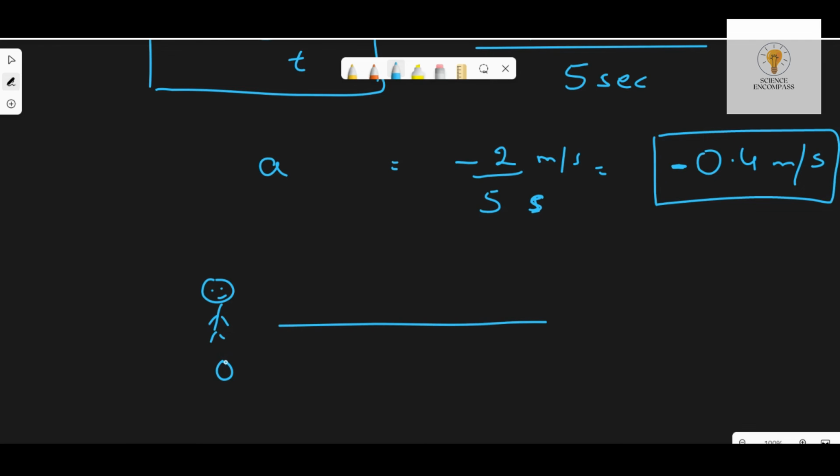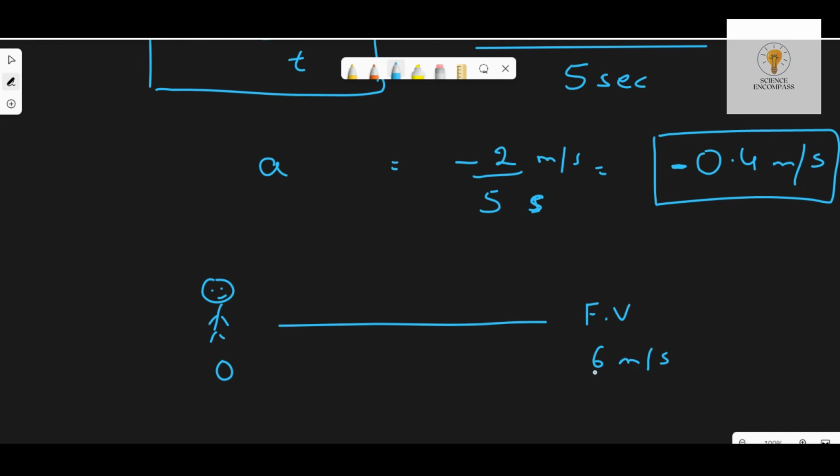This is the initial velocity, this is the final velocity, and the number was 6 meters per second, right? Then he puts on the brakes and he starts to slow down.